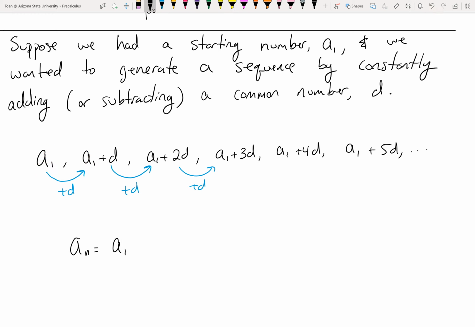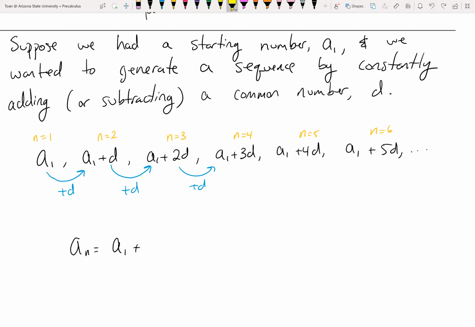That's constant throughout. Now we recognize that, with the exception of the very first term, every single term has some multiple of the letter D. Let's go ahead and put the term number above these expressions. Maybe you'll see it more clearly. The very first term is n equals 1, then n equals 2, the third n equals 3, n equals 4, n equals 5, n equals 6, and so on. With the exception of the very first term, every other term has a multiple of D added to it.